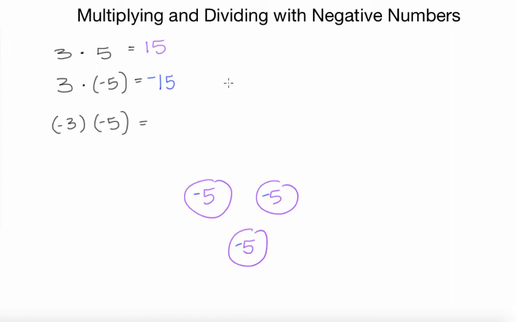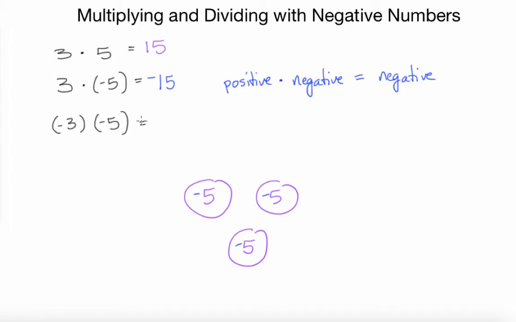And what we see there is whenever you have a positive number multiplied by a negative number, the result is a negative number. Okay, but now let's look at the third example. Now I have -3 times -5.